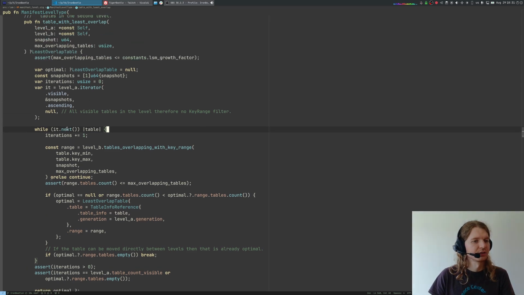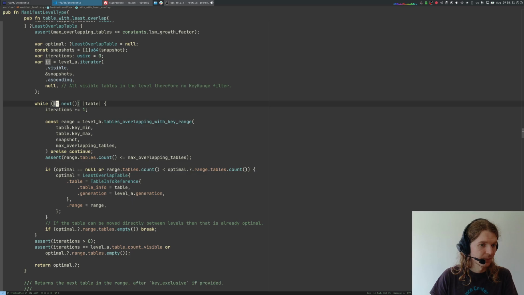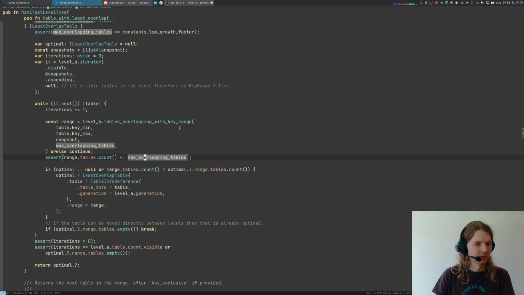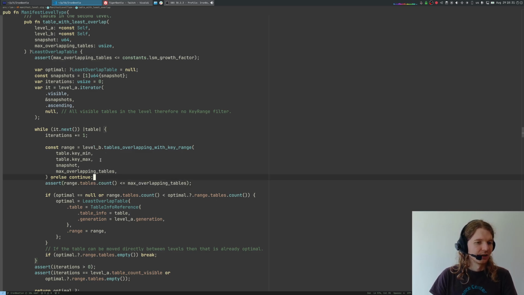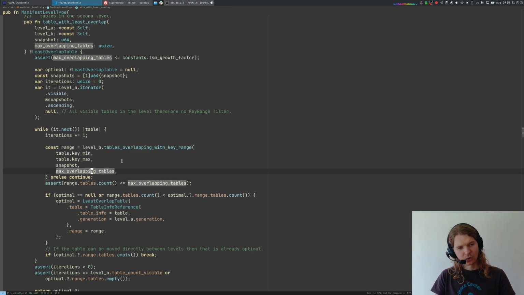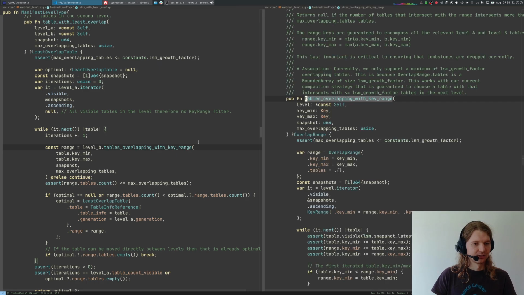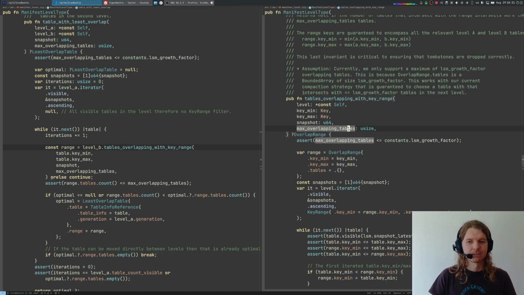Let's loop over all tables from level A, and for each table, let's figure out what are the tables from level B which intersect it, and whether it is less than max overlap tables.